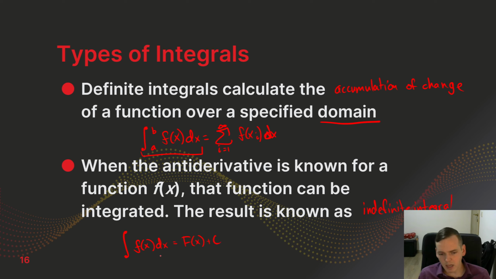You'll notice that these are kind of like evaluating the derivative at a point versus evaluating the derivative as a function. So the definite integral gives you an area. It gives you a number as a result, and so that's like finding the derivative at a point. You can get an exact number, you get the slope at that point.